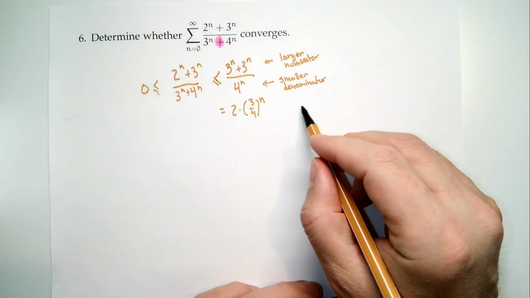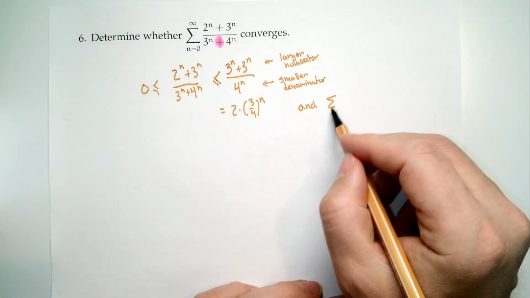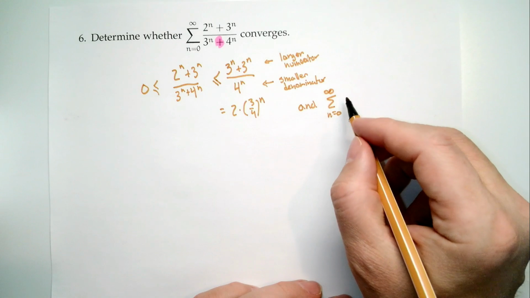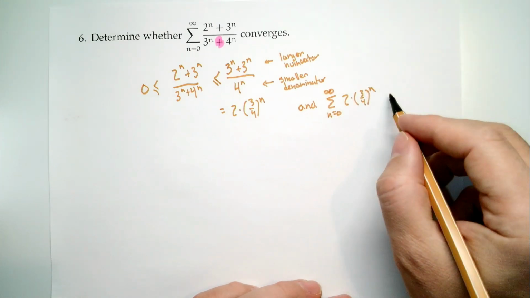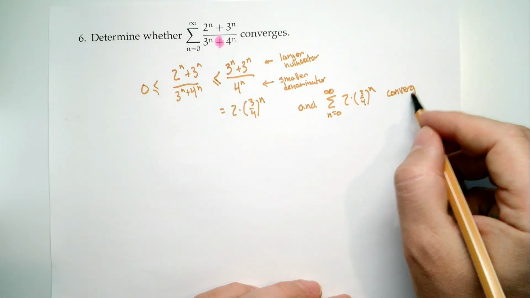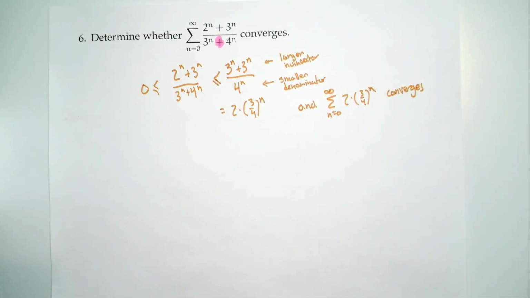And what else we know? We know that the sum, 0 to infinity, of 2 times 3/4 to the n converges. In fact, if we wanted to, we can even say explicitly that it converges to something like 8. Not that we want to, but we could, but we're not going to.